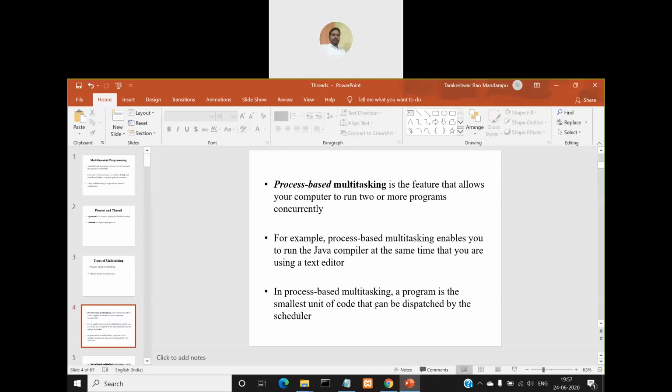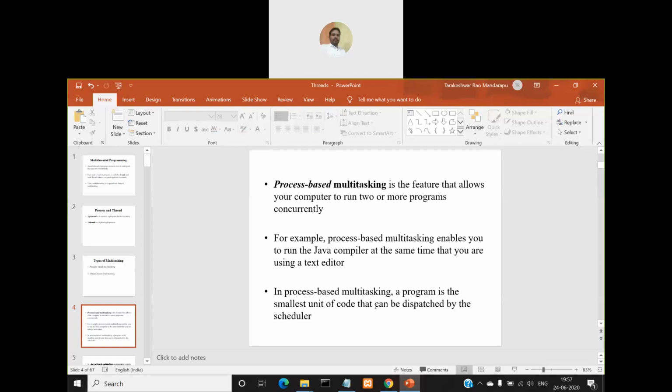Based on the token number, the process holding the first token gets the chance to utilize the CPU first, and the process will be interrupted in the middle if it requires another resource along with the CPU.